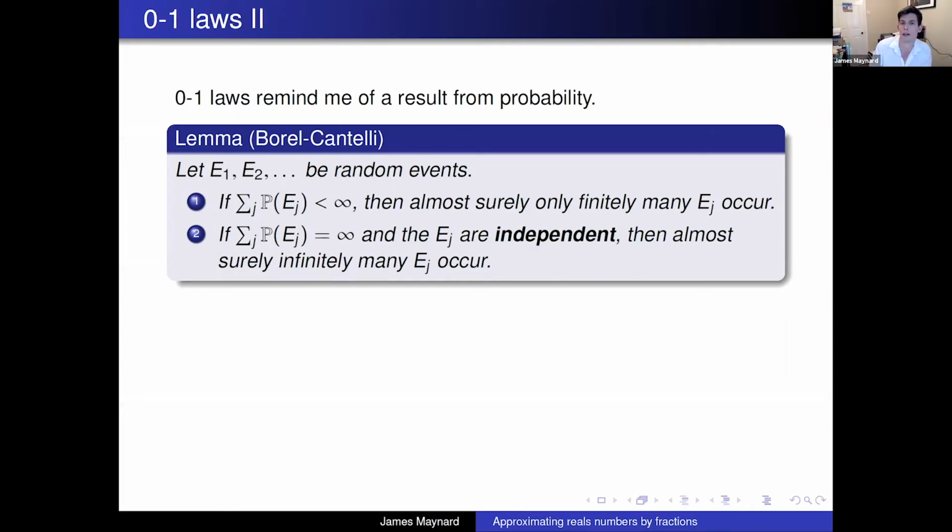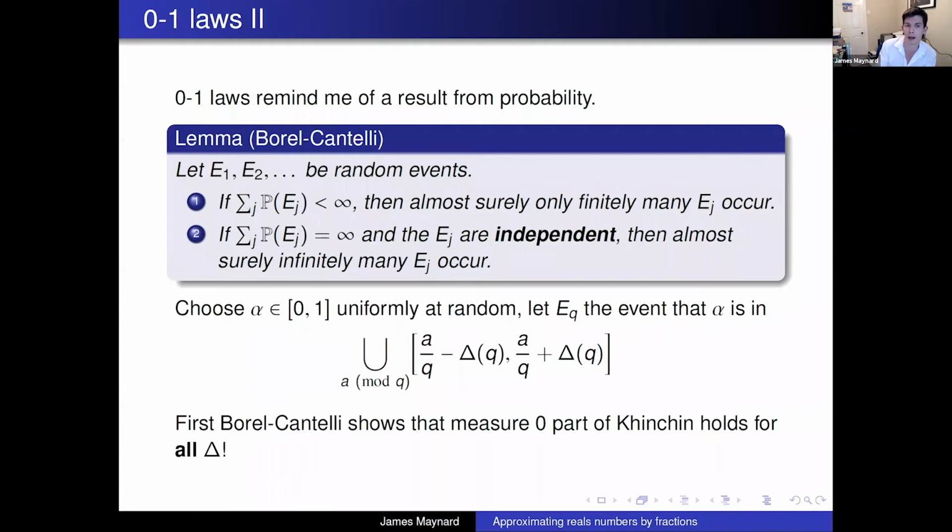So this sounds like it's in rather different language. It's talking about probabilities and different events occurring or not. But it turns out it's very closely related to the situation we're thinking about here, because you can just consider the situation that you choose alpha between 0 and 1 uniformly at random, and you can consider the event Eq to be the event that alpha is well approximated by a rational with denominator q up to an error of size delta q.